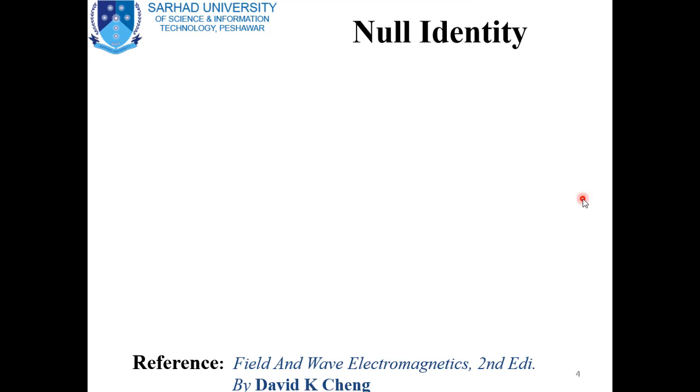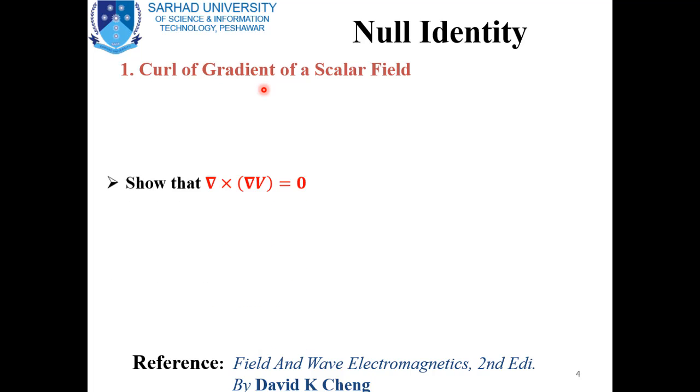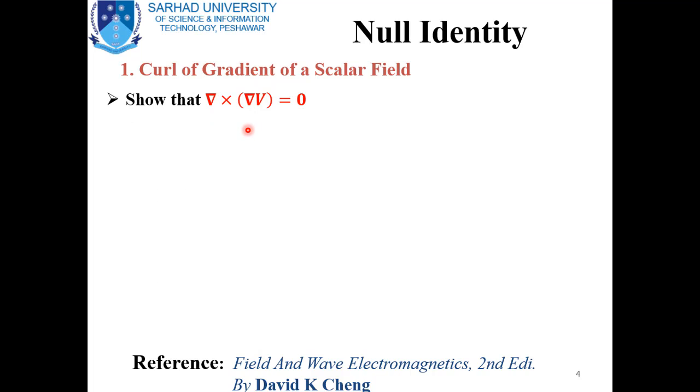So let's start our lecture, and we will discuss the first null identity, in which we have to prove that the curl of a gradient of a scalar field is always equal to 0. Mathematically it can be written as del cross del v is always equal to 0.